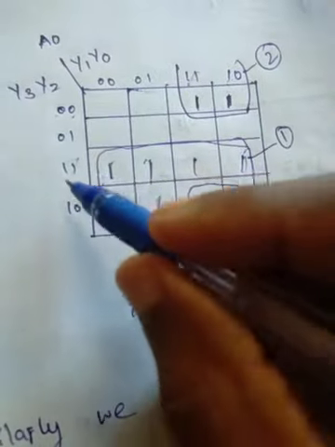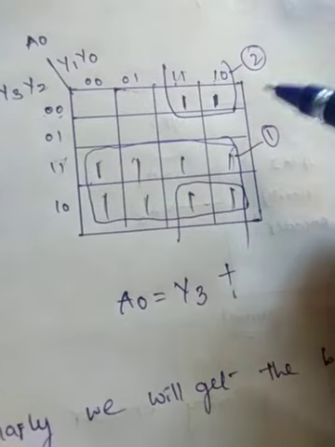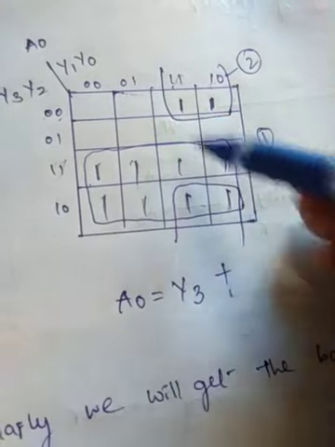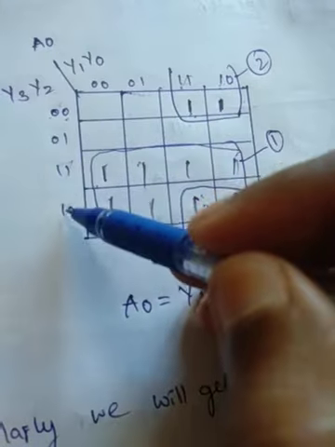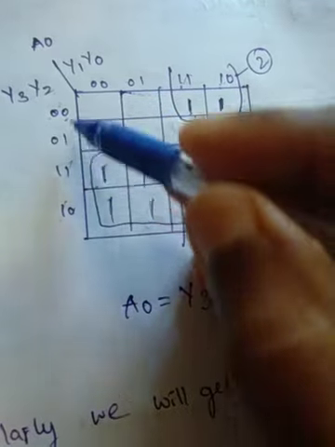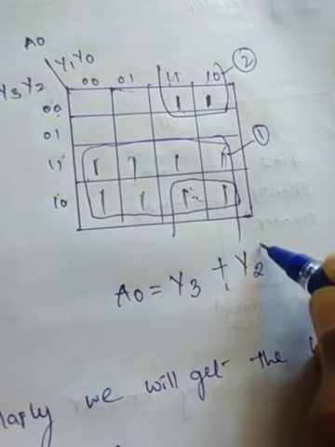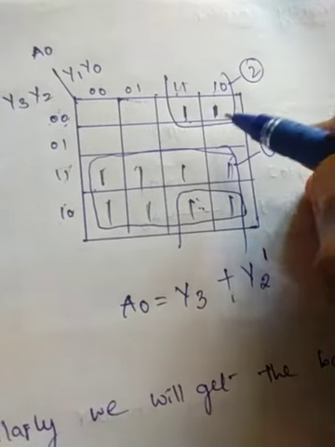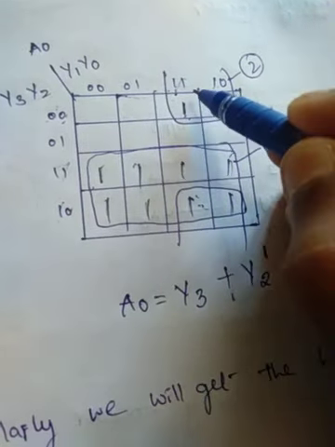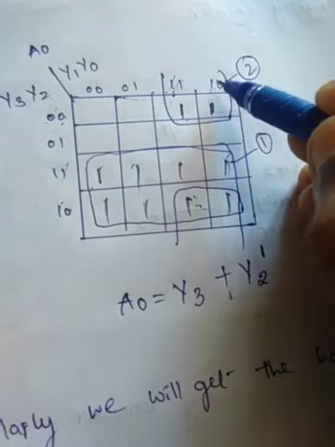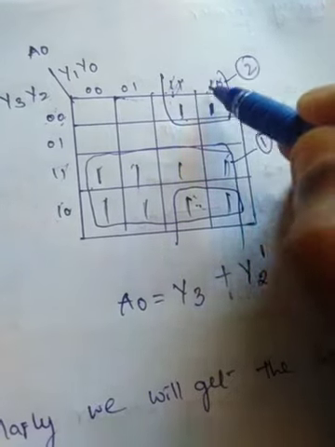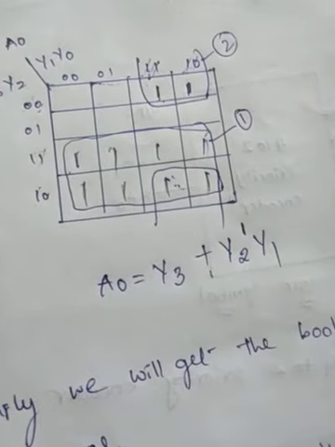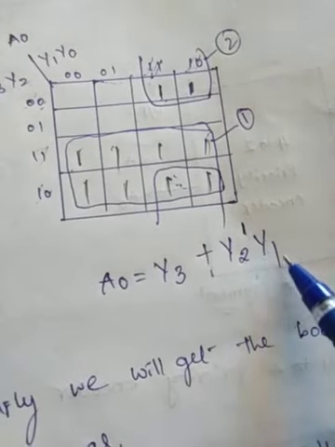For this mapping we only get y3, plus, here these two rows mean y3 gets cancelled, y2 is 0, that is y2 dash, and for these two cells y0 gets cancelled, only we get the y1 term. Okay, y2 dash y1 plus y3, this is the equation for a0.